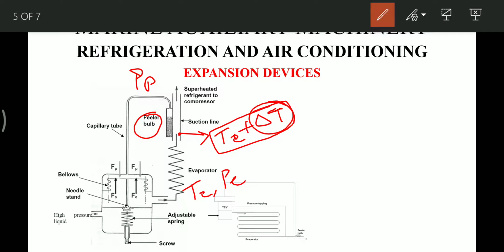And let's suppose this bellow has an area of A. So the force Fp, which is exerted in the downward direction on the bellow, will be given by Fp equals area into PP, that is, area into the saturation pressure of the power fluid. Now let's see the force Fe, which acts below the bellow.